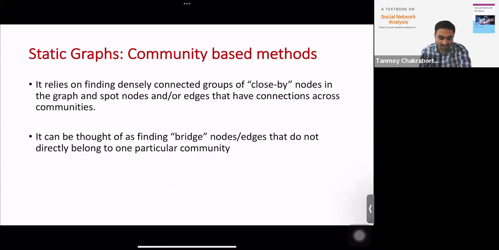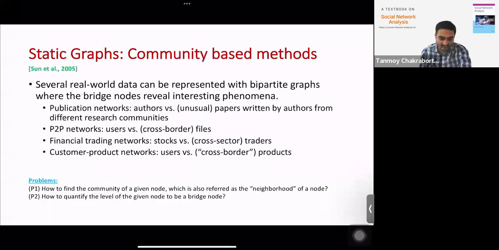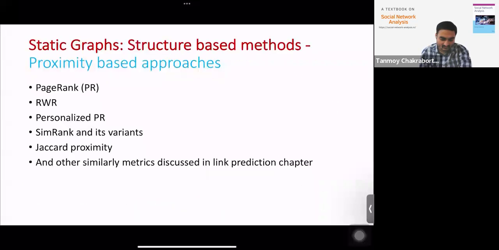So the idea here is that you use these proximity-based features, and then if you see that, for example, a personalized PageRank is very different. These methods are very ad hoc, because they were proposed a long time back, and people were satisfied because those methods actually worked in reality.